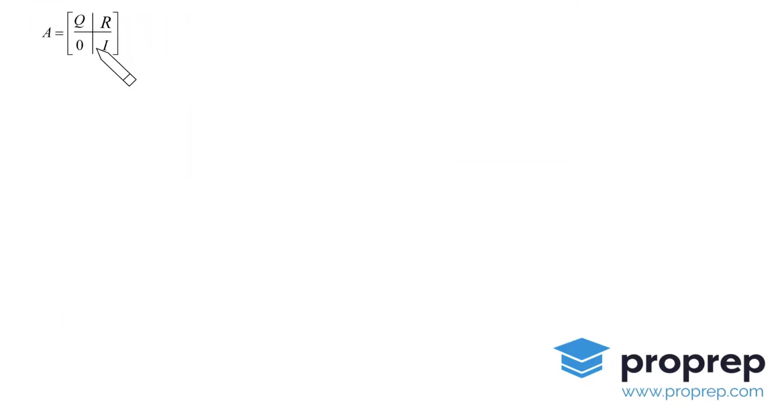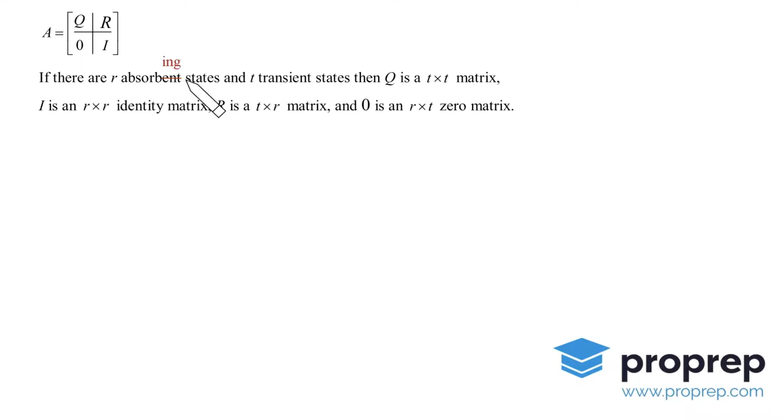Okay, new page. Going to introduce a few more technical terms. So let's say that the number of absorbing states is r. In our example, r was 2, and t is the number of transient states, and that was 3 in our example. Then Q is a t by t matrix, 3 by 3 we had.